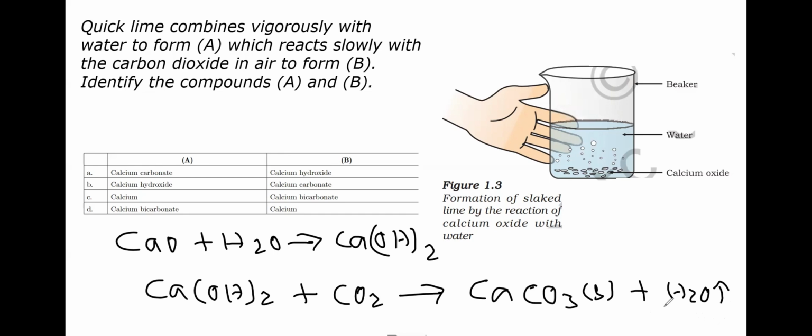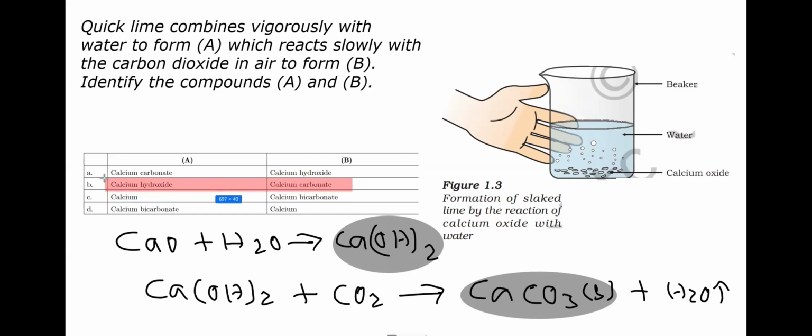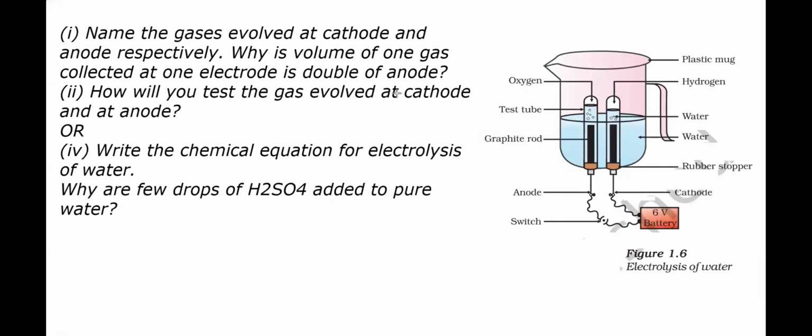So now we have to identify A clearly. A is slaked lime and B has to be calcium carbonate. If I choose the option here, A calcium hydroxide and B calcium carbonate, we'll say option B is correct in this case.